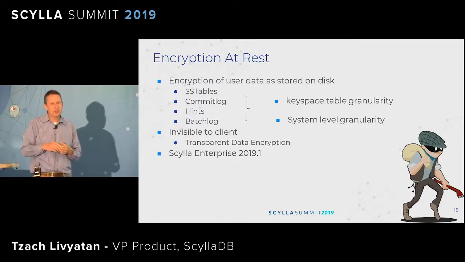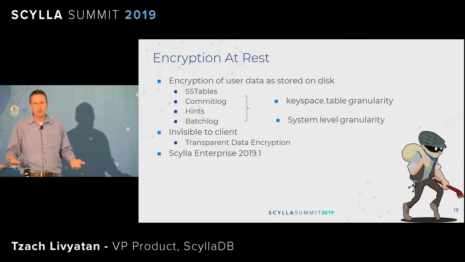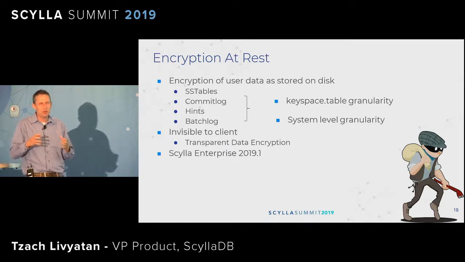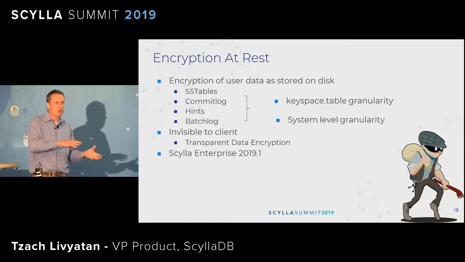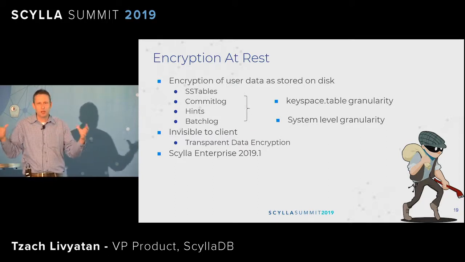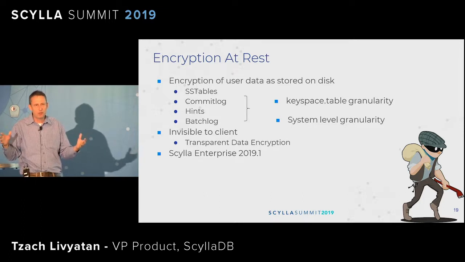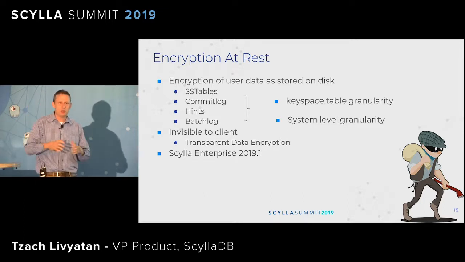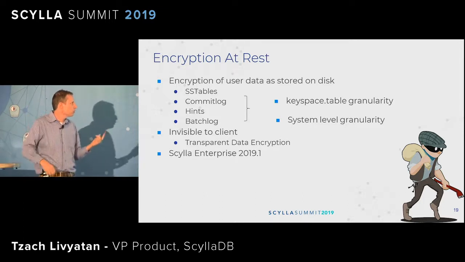One, the easiest, is the user information, the SSTable. For those of you who are not familiar with SSTable, that's basically the way that Scylla stores the persistent information on disk. It starts from the memtable, then flushes to SSTable. Most of your data at any time is probably in SSTable, and this is what you encrypt with SSTable encryption.